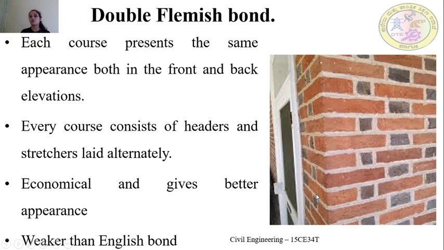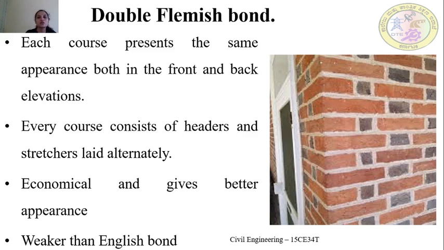Double Flemish bond means each course presents the same appearance both in the front and back elevations. If you observe the wall from the front facing, it appears the same, and if you observe the same wall from the back, it appears the same.